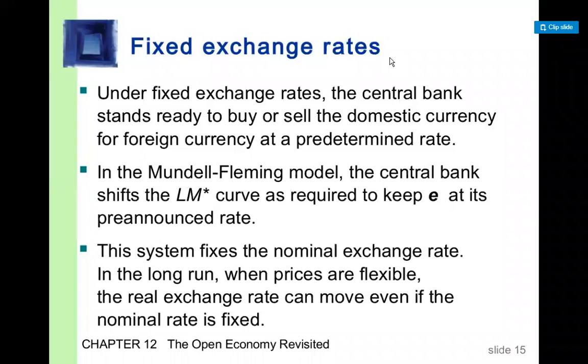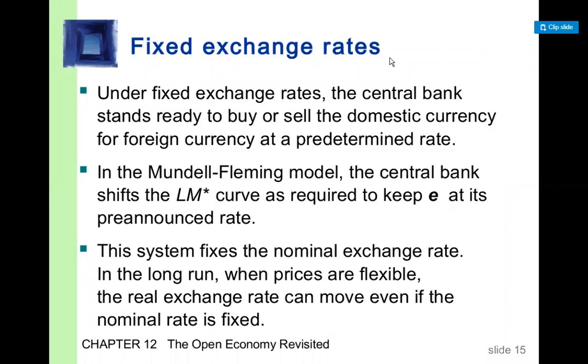Secondly, the definition which is given over here: a fixed exchange rate is the rate for which the state bank gets ready to buy or sell the domestic currency for foreign currency at a predetermined rate.